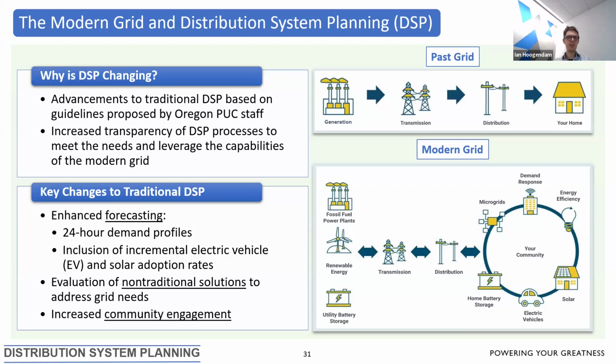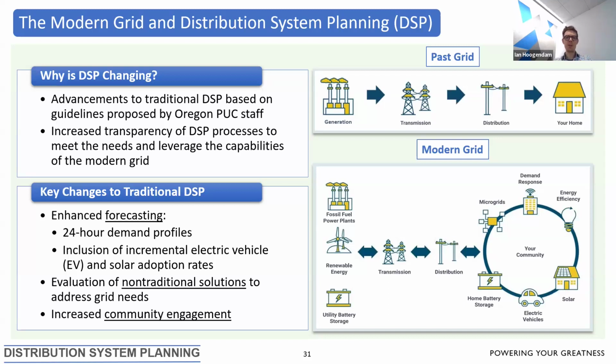One of the key changes to distribution system planning is the evaluation of non-traditional solutions to address grid needs. These innovative solutions are beyond infrastructure upgrades, and they involve utilizing energy programs that influence power demand or encourage generation to be added to the distribution system.